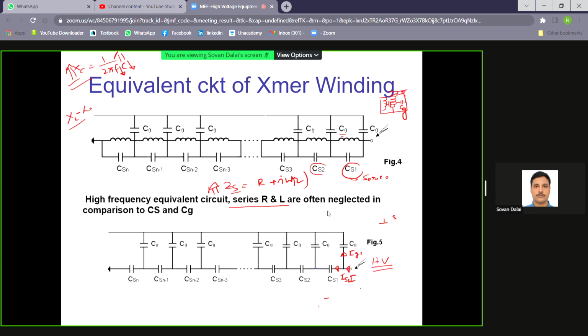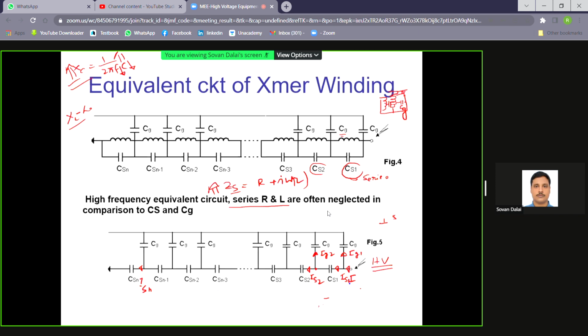Again at this junction point, the current is divided into two parts: IG2 and IS2. In that way, if you proceed to the nth disc position, that current is ISN. Now what is the potential distribution between different discs?